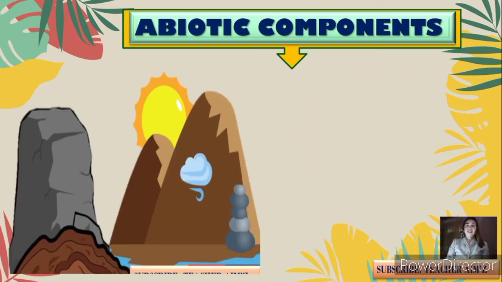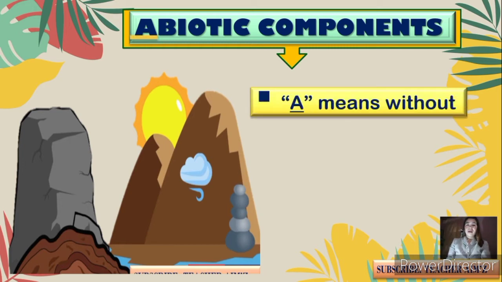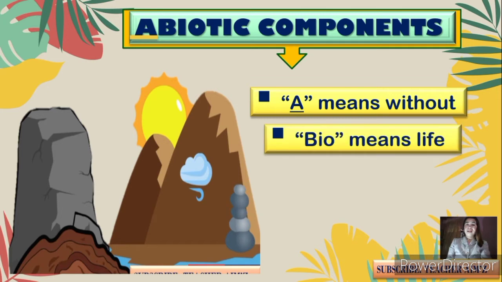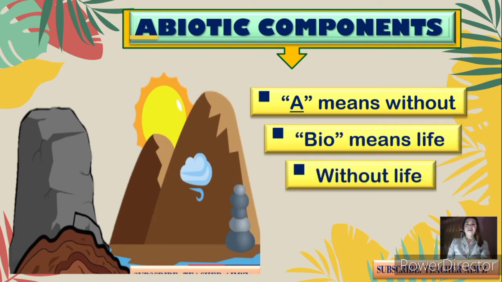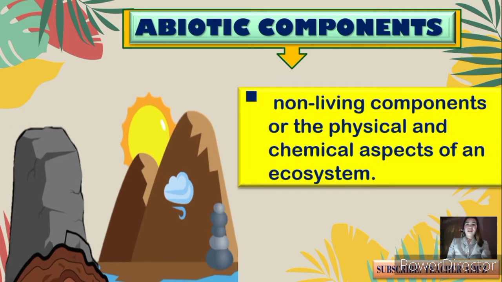Abiotic components of an ecosystem. A means without, and bio means life. Literally, it means without life. The abiotic components are non-living components or the physical and chemical aspects of an ecosystem.